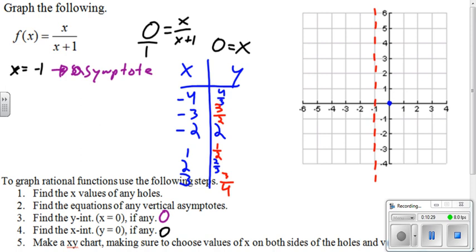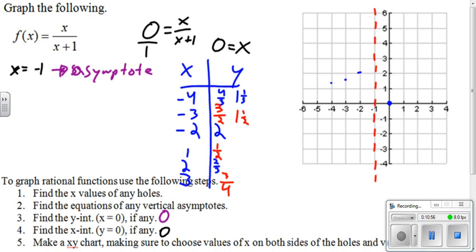So the only thing left to do is plot these. 4/3 is the same as 1 1/3. 3/2 is the same as 1 1/2. So to plot these ones, -4 in our x value and 1 1/3, just about there. -3 and 1 1/2. -2 and 2.